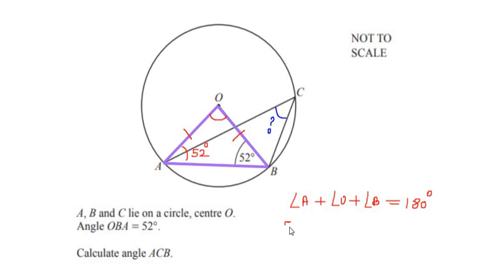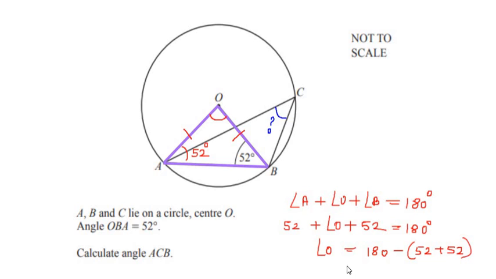So angle A we got as 52 degrees, we have to find out angle O, and angle B is also 52 degrees. So let us find out what is angle O. Angle O will be 180 degrees minus 52 plus 52, so that will give us an angle of 76 degrees. So we have the angle at the center as 76 degrees.